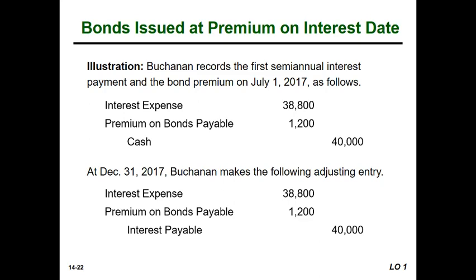One of the things that's important to keep in mind is that by and large, typically there's not a huge difference, and the straight line method is actually often used. But you will, for your homework, exam and for the CPA exam, have to have awareness of both the straight line method and the effective interest amortization method.